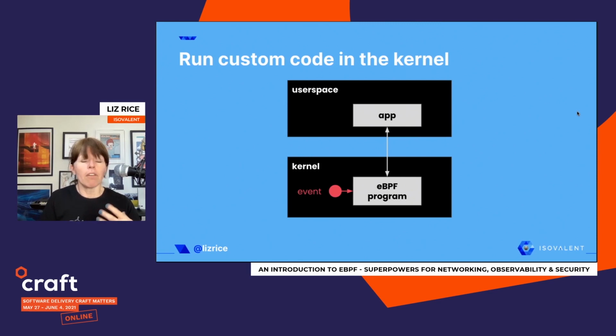It could be a function call in user space that's been started. You can attach eBPF programs to those events. You can attach an event to a trace point. So there are thousands of places within the kernel that we can attach these eBPF programs. And whenever that event is hit, our eBPF code is going to get run.